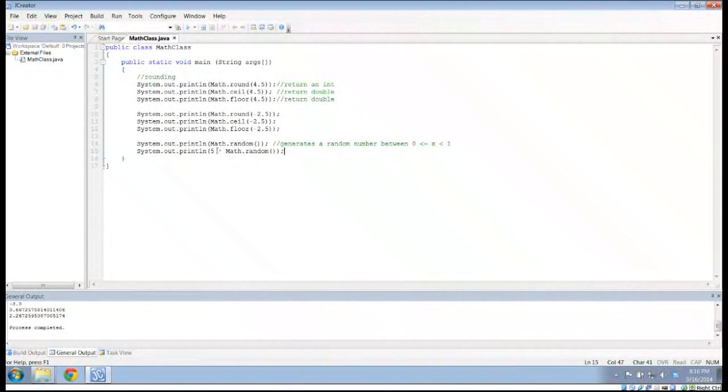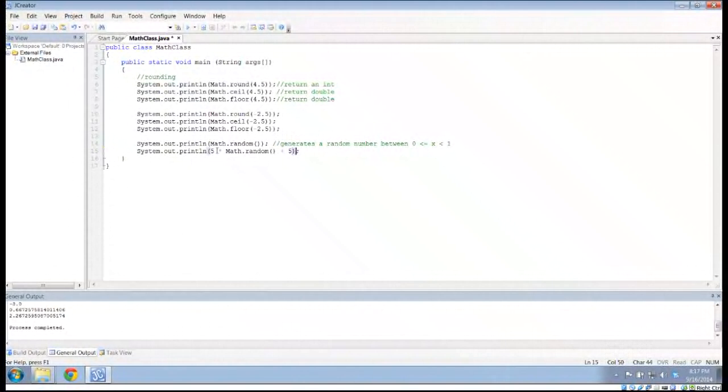And then if I want to translate that, let's say I don't want to range from 0 to 5, let's say I want to range from 5 to 10, I can do that by adding 5 to the result inside the parentheses here.